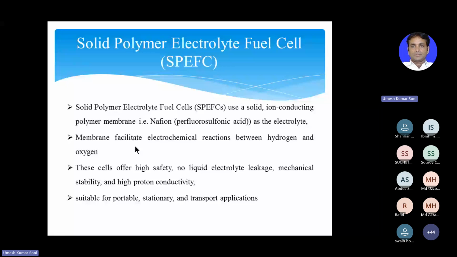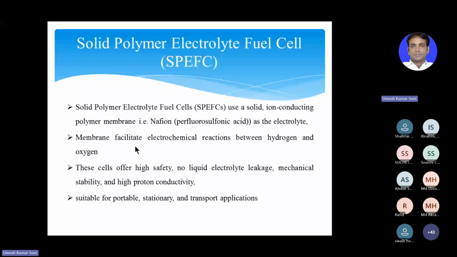And it has the ion conducting property. Polymers are generally assumed as insulating material. Okay, but polymer is mixed with some conducting material so that it can conduct the ions. Okay, and Nafion is the main electrolyte used here. So these cells offer very high safety, and there is no leakage of electrolyte because we have the solid, dry electrolyte.